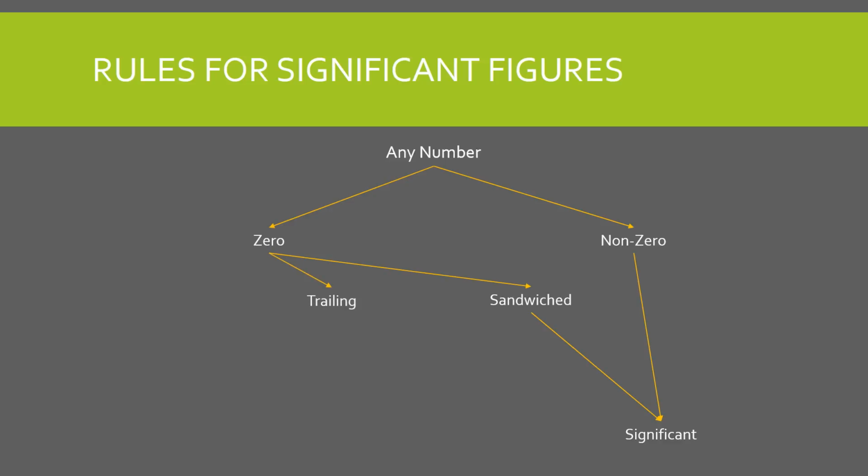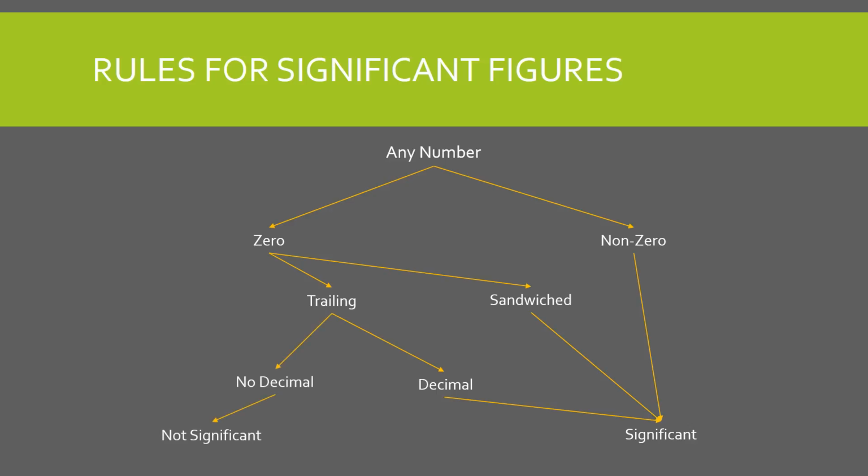And you've got trailing zeros. That's zeros that are after a non-zero. And there are 2 categories of those. There's trailing zeros with a decimal, so that would be like 20.0 or 2000 with a decimal at the end. And those are also significant.